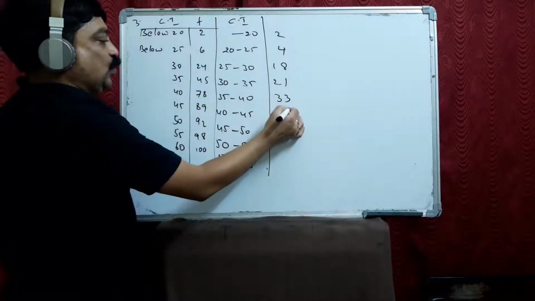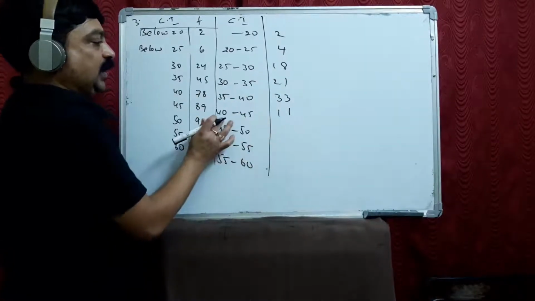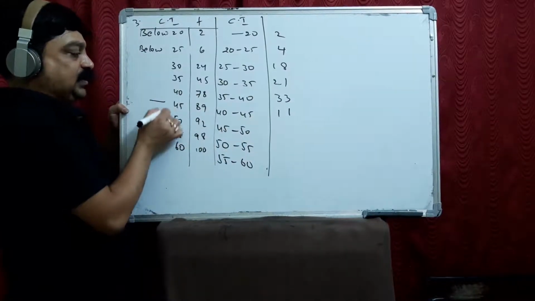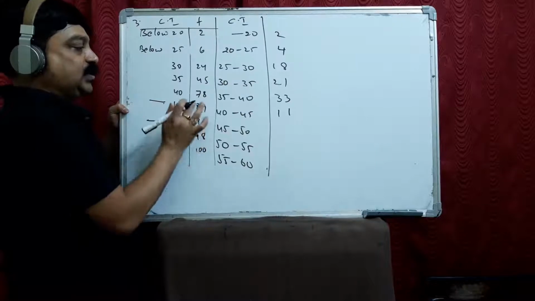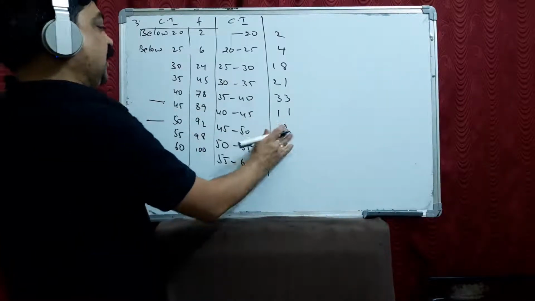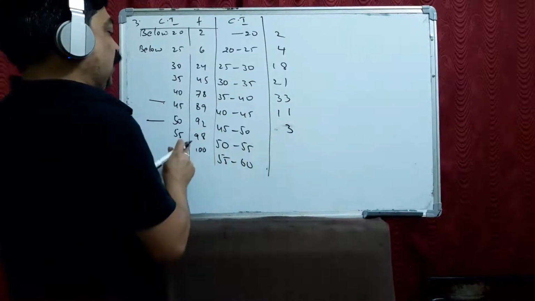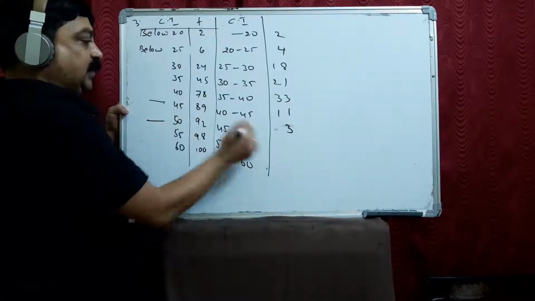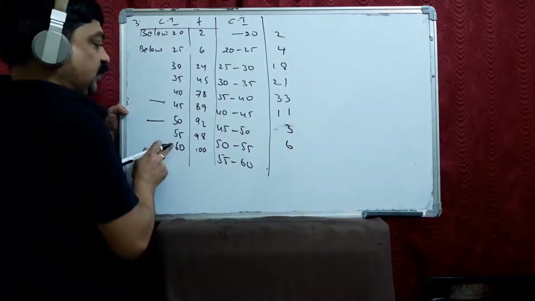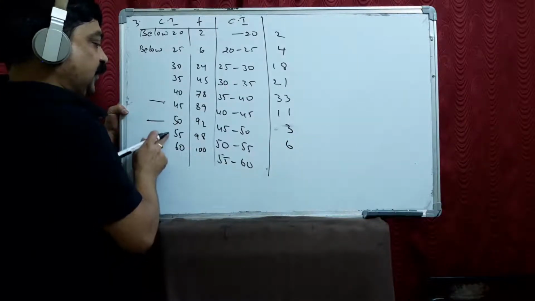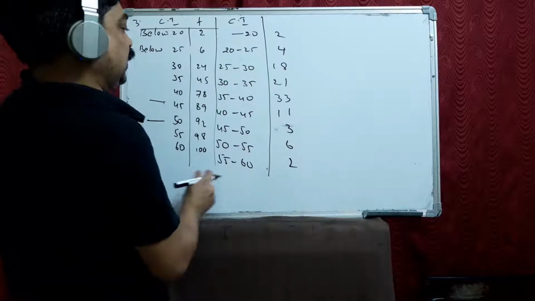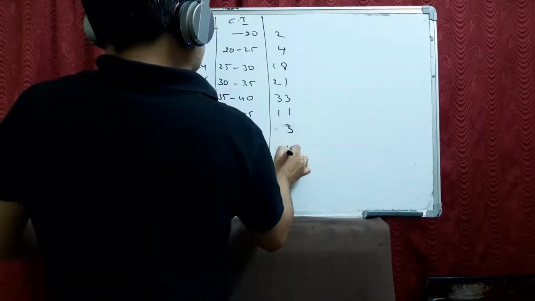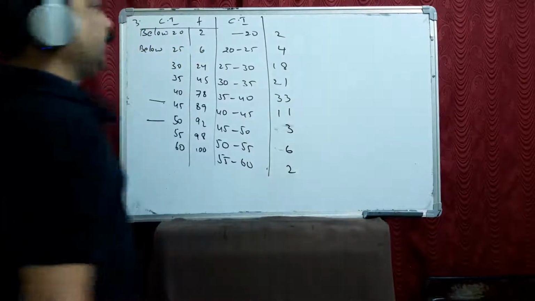This minus this is 1. And between 45 to 50, below 50 minus below 45, just remove, you will get 92 minus 81, it is 3. Now below 55, 50 to 55, we need 98 minus 92, it is 6. Now this becomes 55 to 60, it becomes 2. Hope we got all. We write it properly: 3, 6, 2.